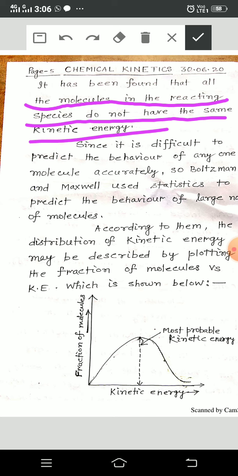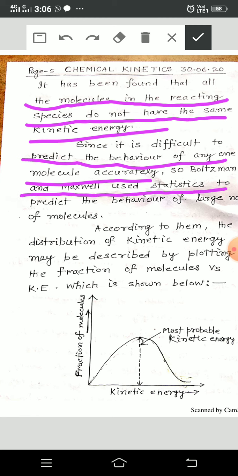It is difficult to predict the behavior of any one molecule accurately. So, Boltzmann and Maxwell used statistics to predict the behavior of a large number of molecules.